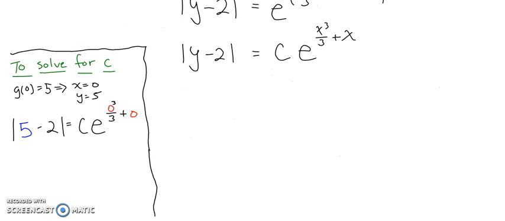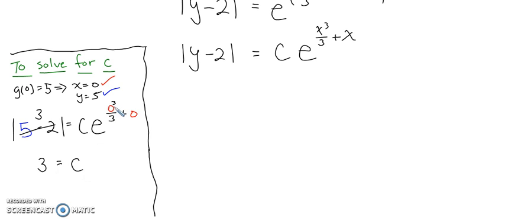To solve for c, remember that the initial condition g of 0 equals 5 pretty much means that x equals 0 and y equals 5. So you just plug those values in. For y, I plugged in 5. For x, I plugged in 0. Then just do the math and solve for c. We get the absolute value of 5 minus 2, which is 3, equals c.